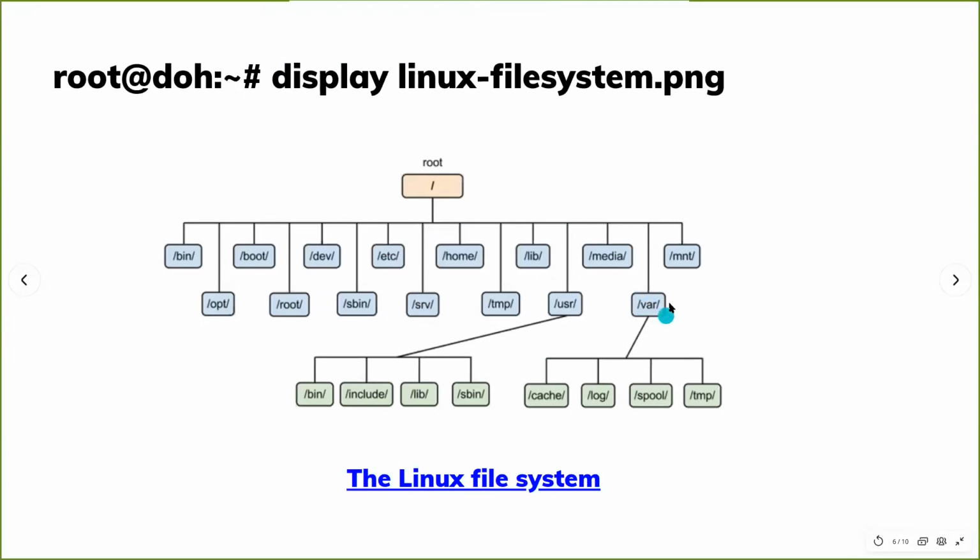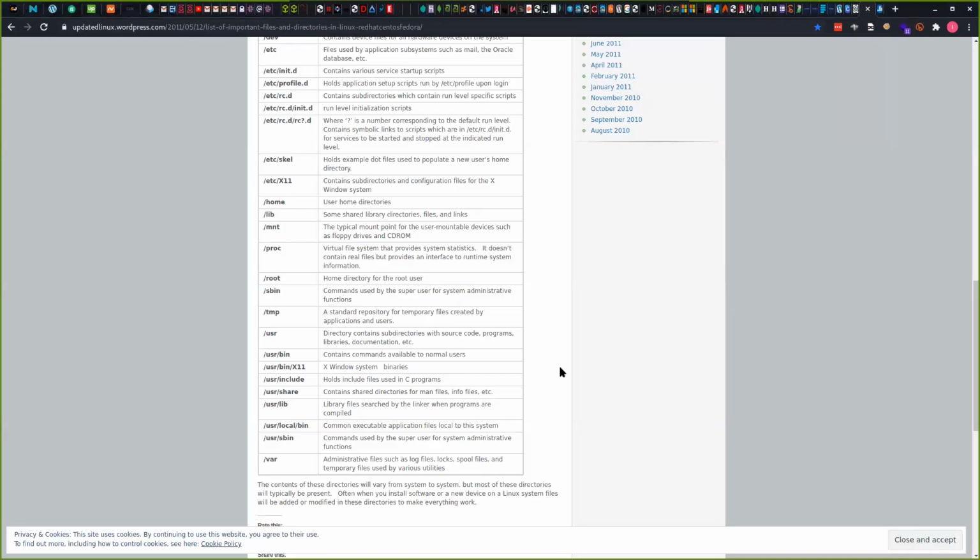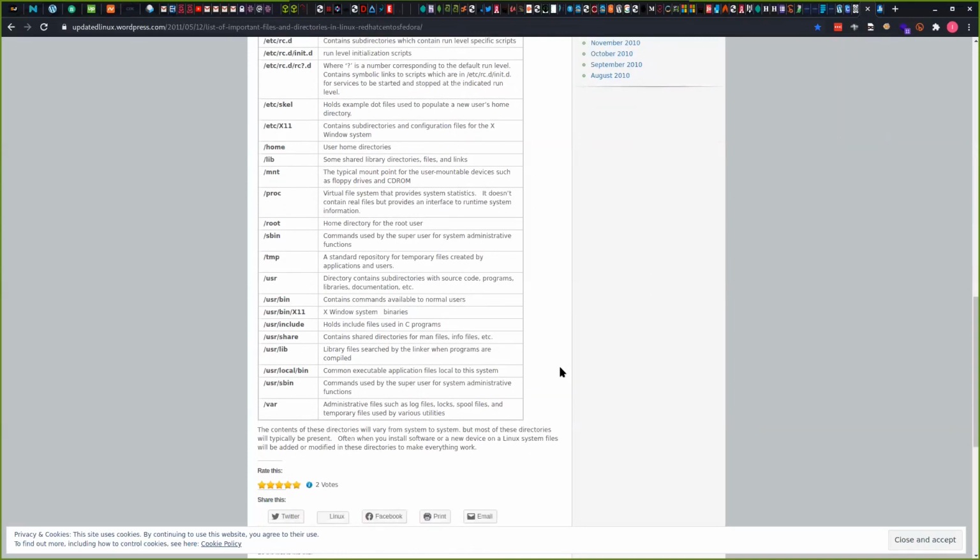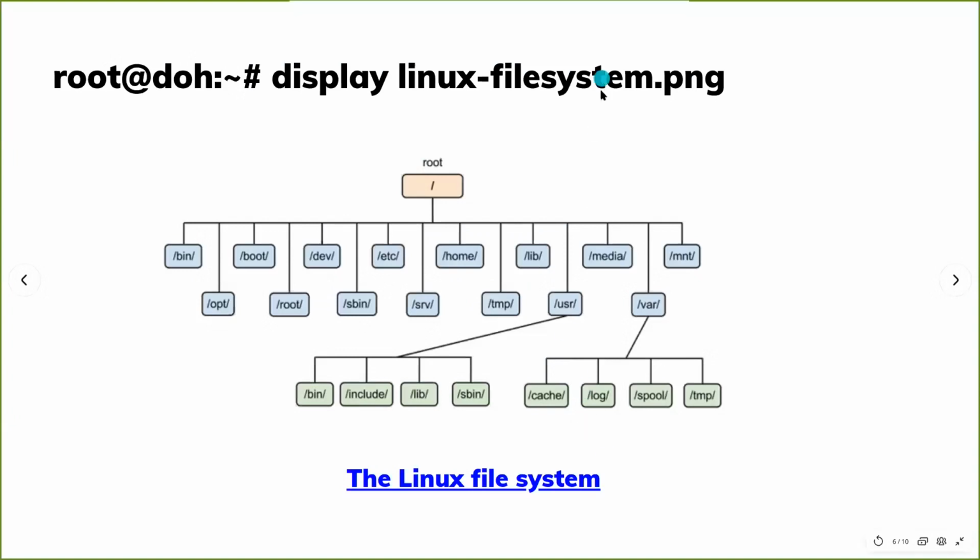Then the last one on this diagram is the var directory. The var directory is where administrative files like log files, spool files, and temporary files used by various utilities can be stored. So let's say you have a service like Apache running, for example.